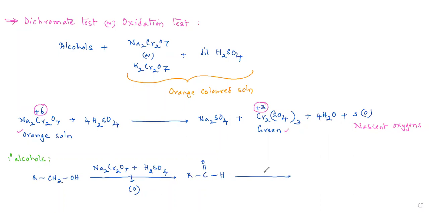Further oxidized to form acids, because this is a strong oxidizing agent. So once the aldehydes are formed, they are further oxidized to acid. During this, the orange solution becomes green.